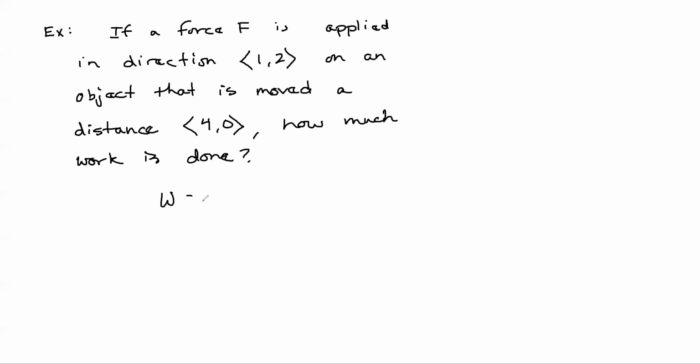Instead, work is going to equal the dot product of the two. So we want (1, 2) dot (4, 0). And then that ends up equaling 1 times 4 is 4 plus 2 times 0 is 0. And we end up getting 4. Okay. So that is our fourth and final property of dot products is work.